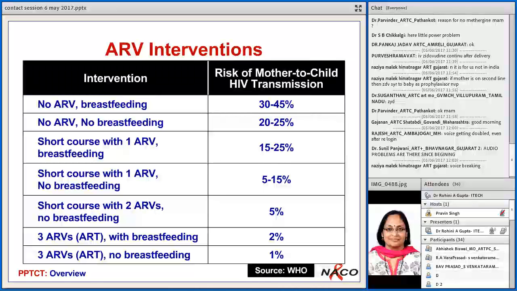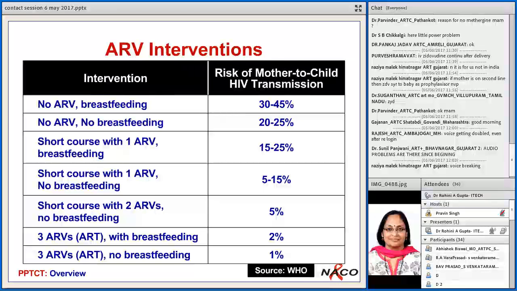If nothing was done and the mother was breastfeeding, the transmission rate would be 30 to 45%. But if you are giving ART to the mother and ARV prophylaxis to the baby, and the baby is breastfeeding, the risk is 2%. That is important to see.